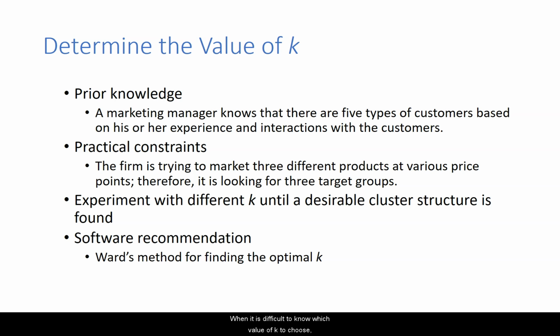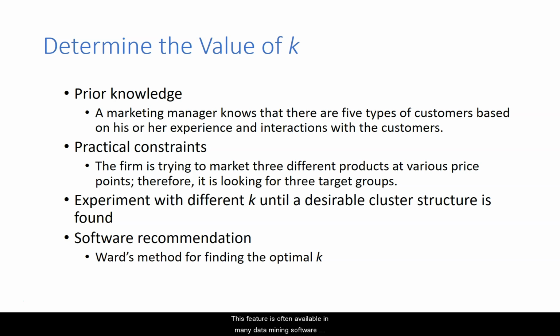When it is difficult to know which value of k to choose, one can also experiment with different values of k and review the resulting cluster structures to see which cluster structure makes the most sense or best serves the objective. Finally, one can also solicit software recommendation for the optimal value for k.